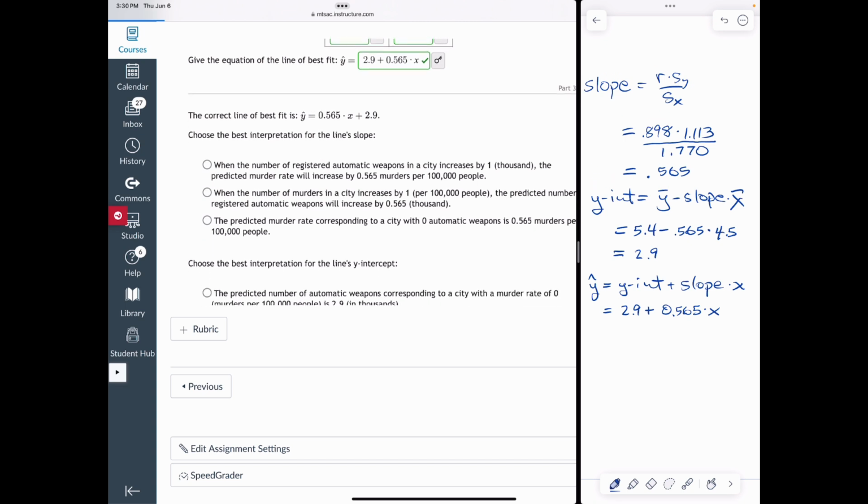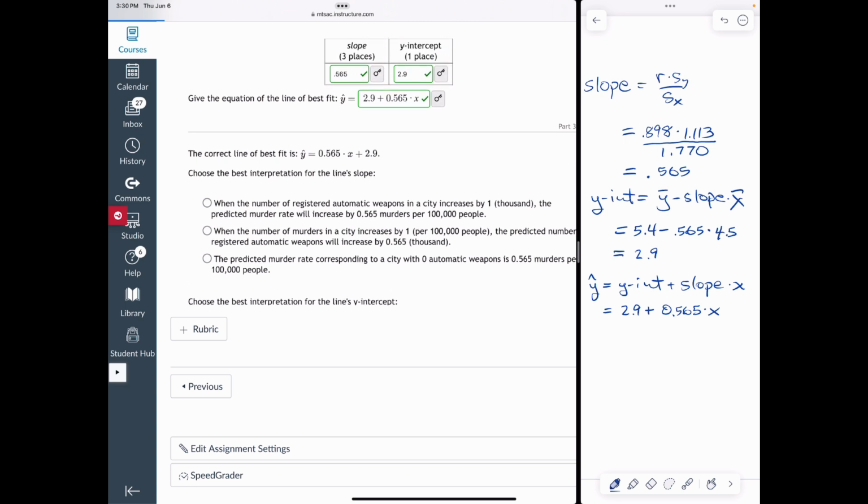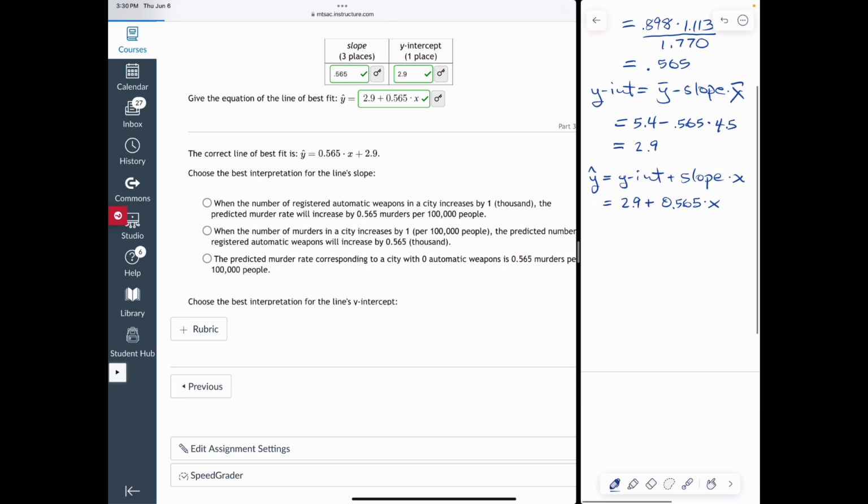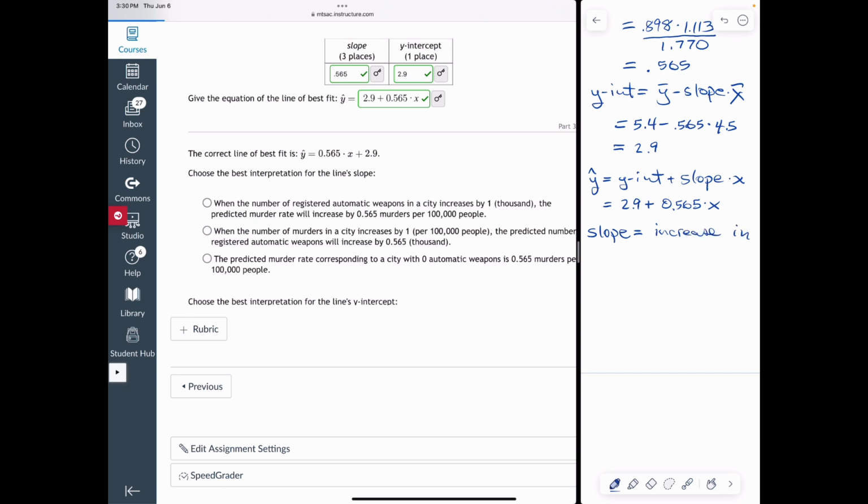That's fine. Okay, so now to interpret the slope, just to help you with this, is something we didn't have a chance to talk about in class. So I'm just going to put it here. Slope equals increase in y when x increases by 1.